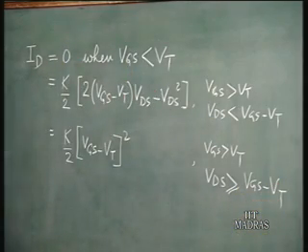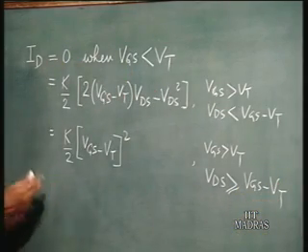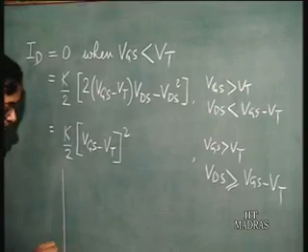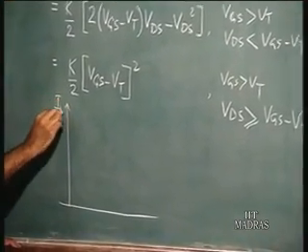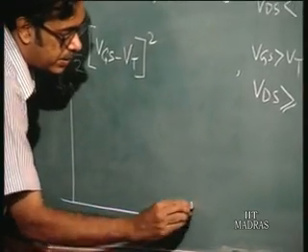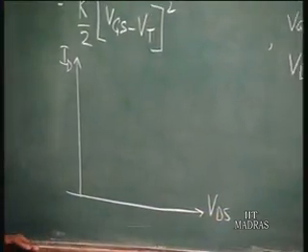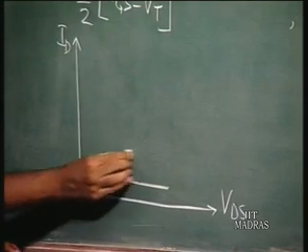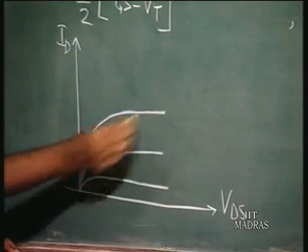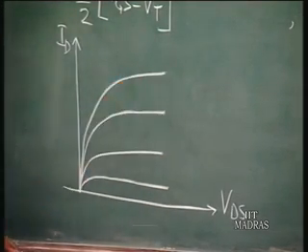The characteristic curve for this MOSFET is something like this. This is the drain current plotted versus the drain to source voltage. You have the curves for different gate to source voltages.